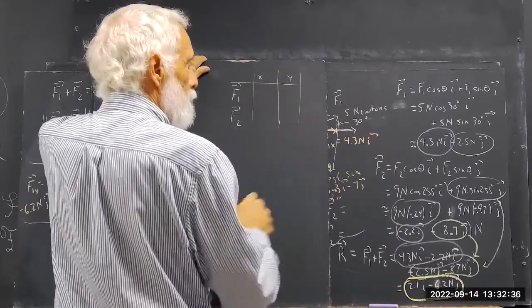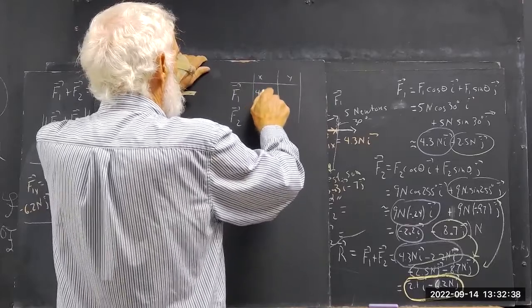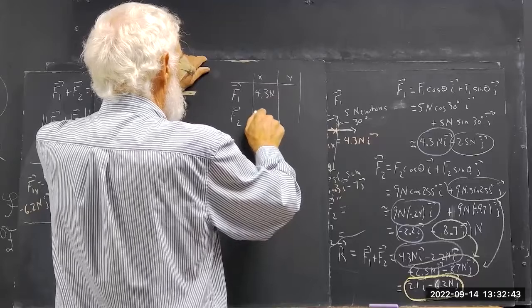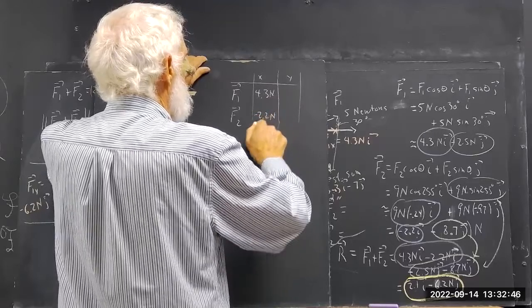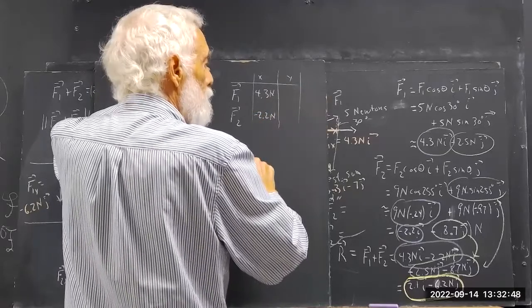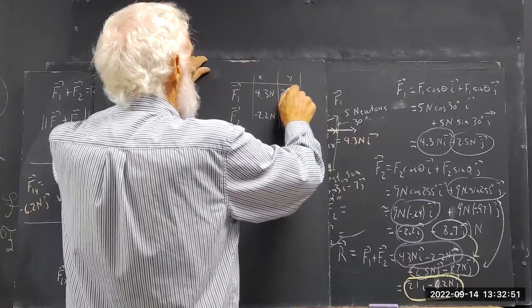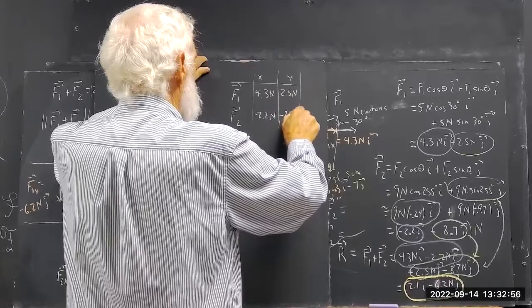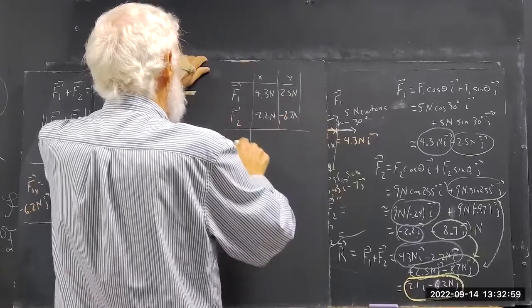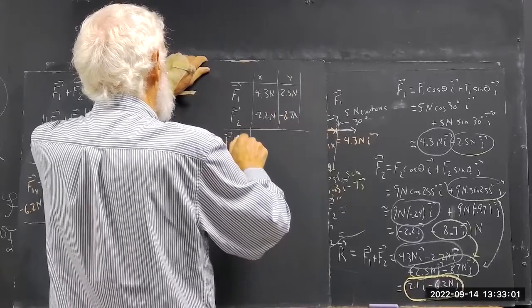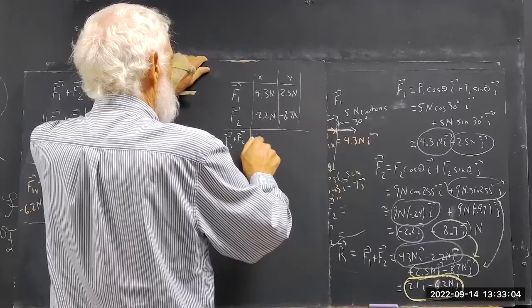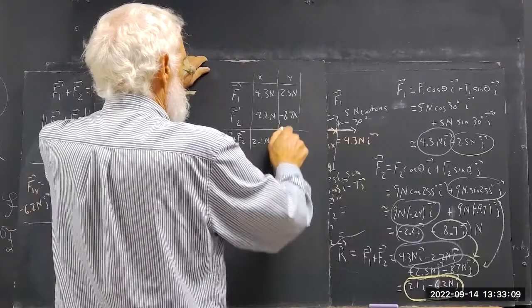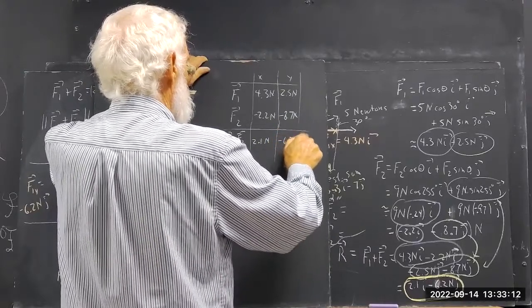Where F1 has X component 4.3 newtons, and F2 has X component negative 2.2 newtons. And the Y component here is 2.5 newtons, and here is negative 8.7 newtons. So F1 plus F2 has a component of 2.1 newtons, and this one has a component of negative 6.2.